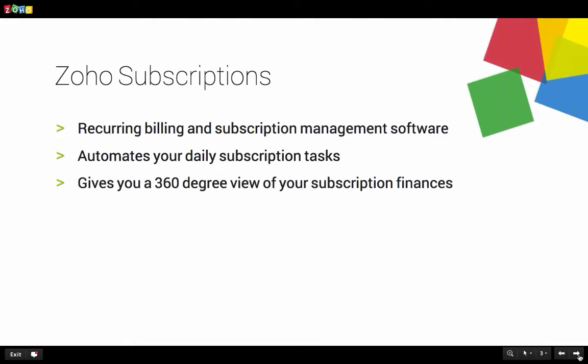You can connect Zoho Subscription to your website or your web service in two different ways. One, Zoho Subscription provides hosted page which can be added to your website directly. So let me give you an example. Imagine you have a cart where your customers selected the products or selected a specific plan of yours.